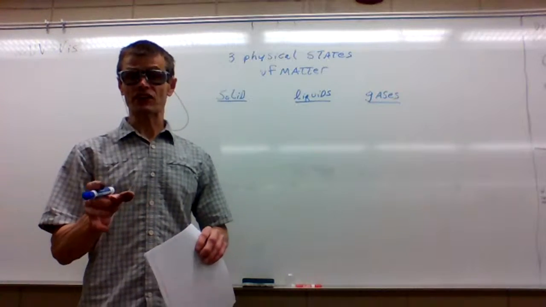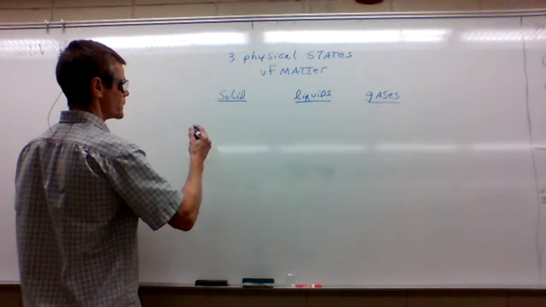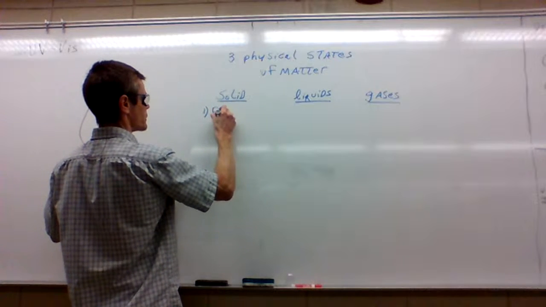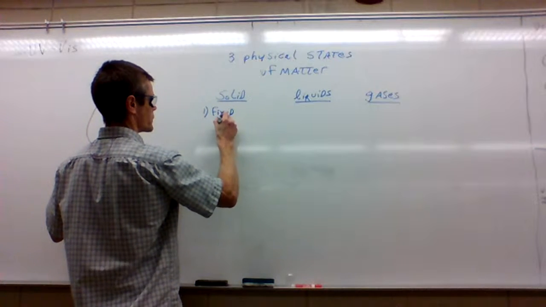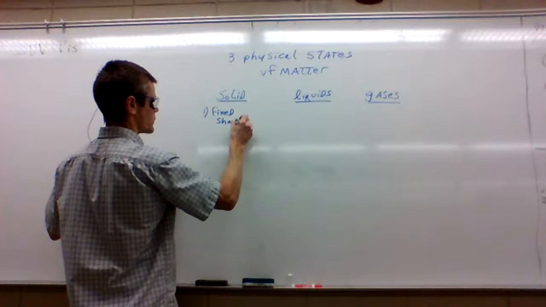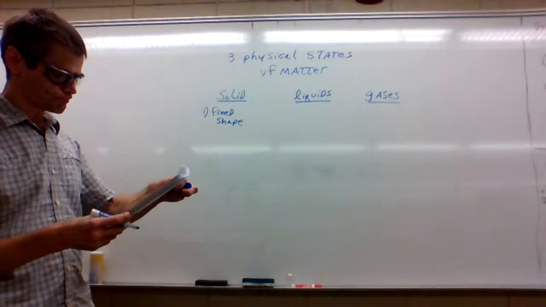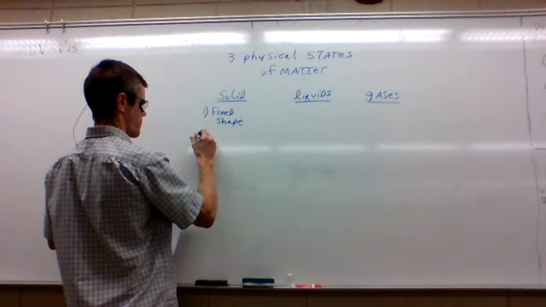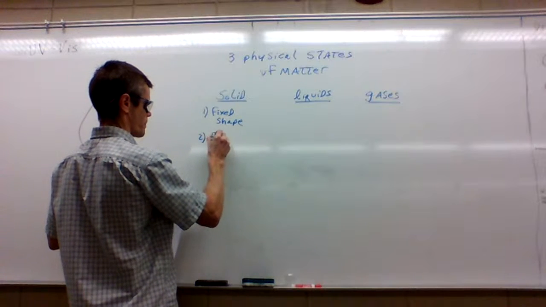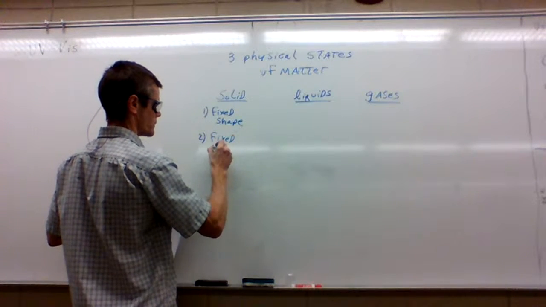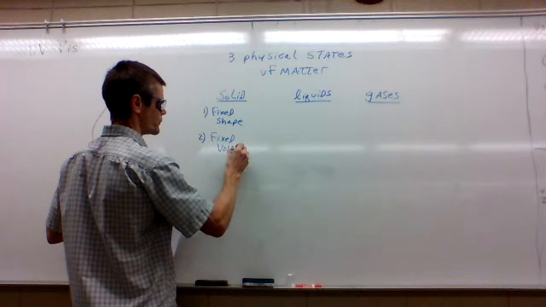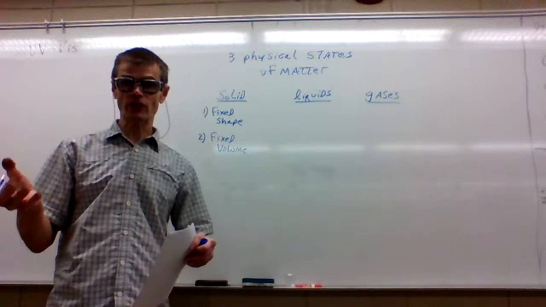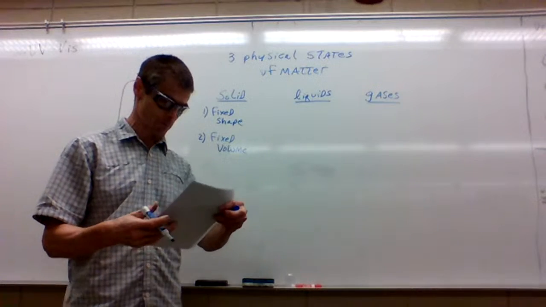Well, we call them ice cubes, remember, because they have a fixed shape, fixed volume. When we say fixed, that means it's well defined. Remember, if we know it's a cube and we know the dimensions of it, we know its volume.